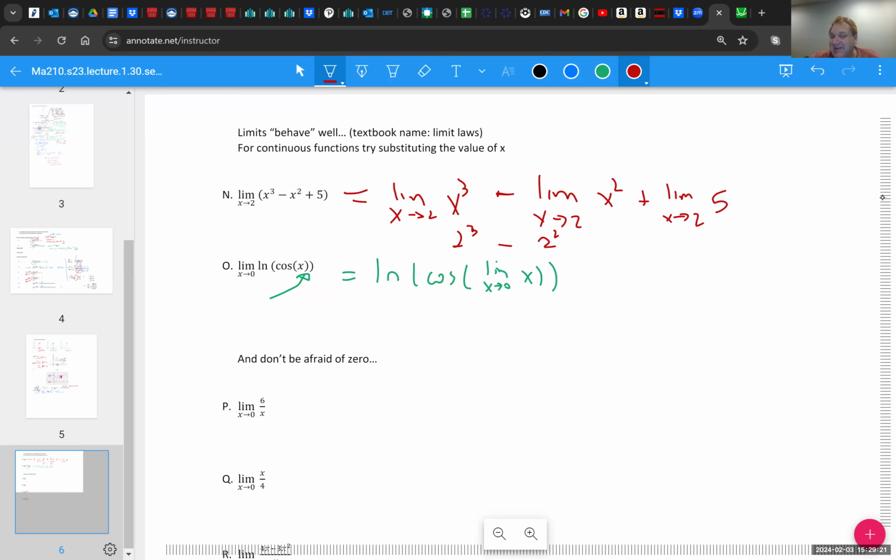There's no place to plug x in, right? This is just the function 5. It just says 5, not 5 plus x, not 5 times x. So no matter what x approaches, the function is 5. So we can just compute these directly and get the limit by plugging into the continuous function. 8 minus 4 is 4, plus 5 is 9.